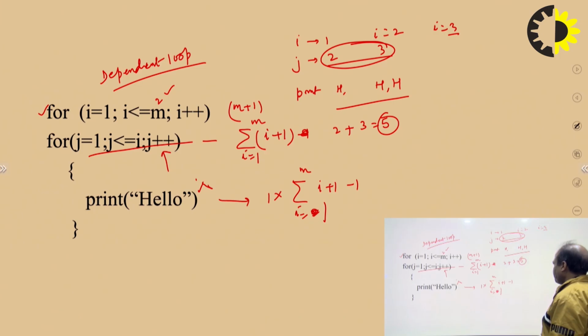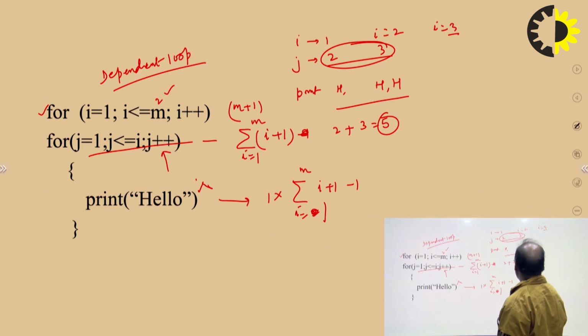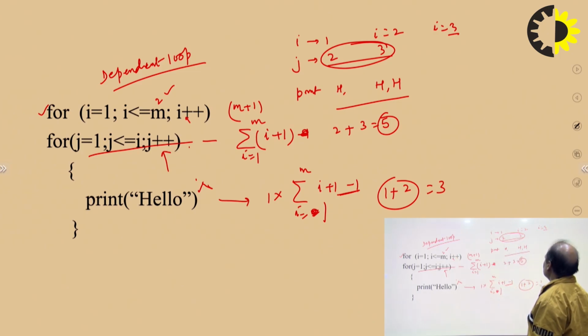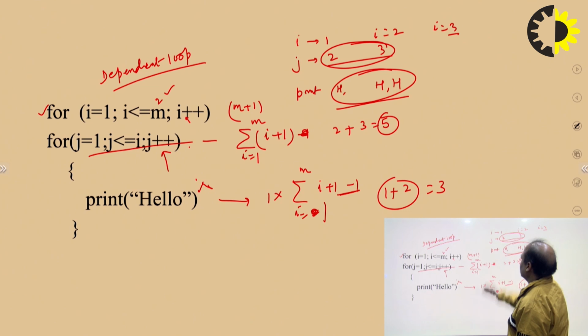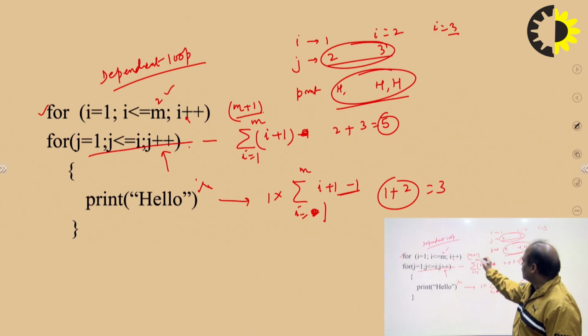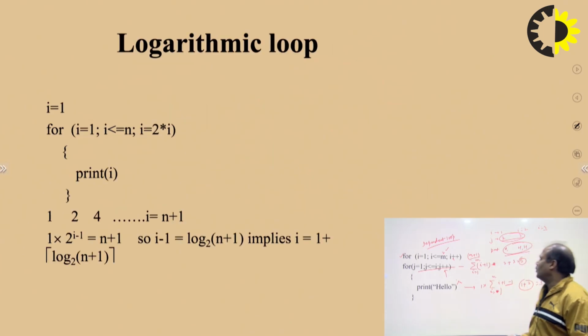Whenever i is 1, it will be 1, and whenever i is 2, it will be 2. We are not interested in going up because this is depending on the previous one. So this is 3, and of course this is the correct answer. So of course this is the running time. So it's a very simple procedure if you are getting a dependent loop.